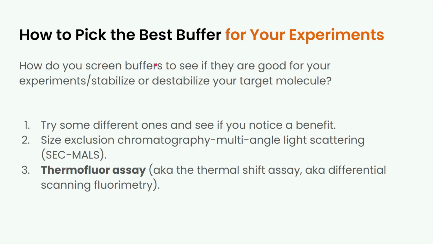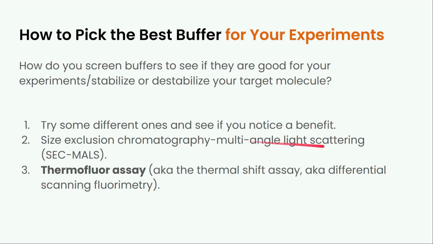So what practical things can you do to screen buffers? Well, the simplest thing is just to try some different ones and see if you notice a benefit. If you're working on a purified biomolecule and mono- or polydispersity is the key thing, then you could try light scattering measurements or even gel filtration, size exclusion chromatography, coupled with multi-angle light scattering.